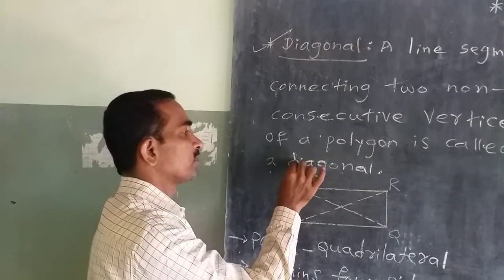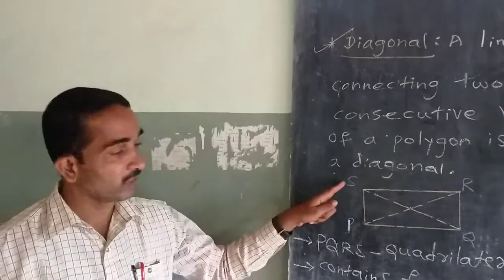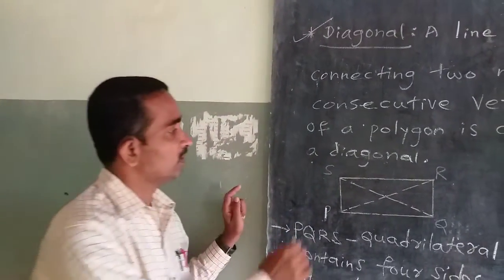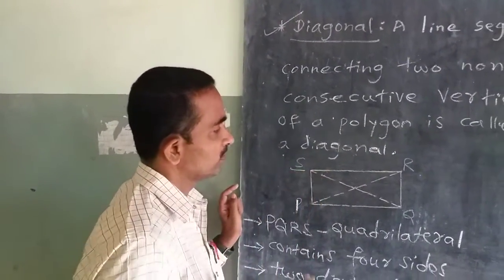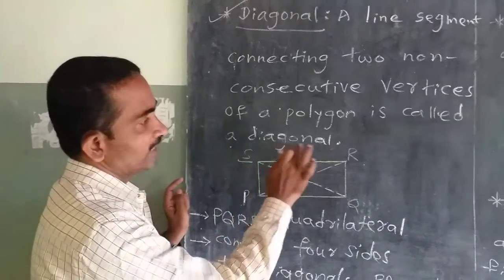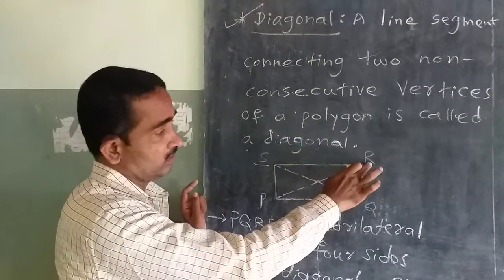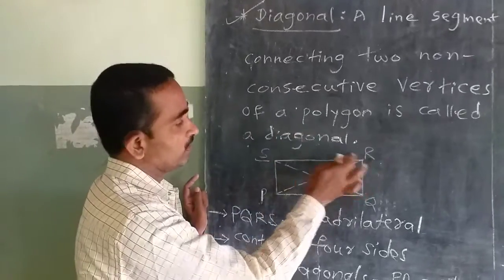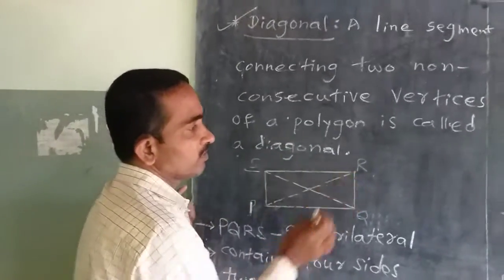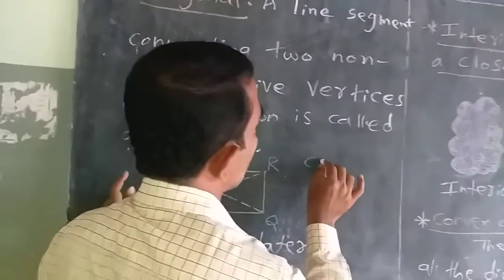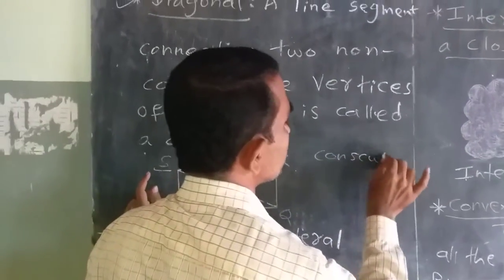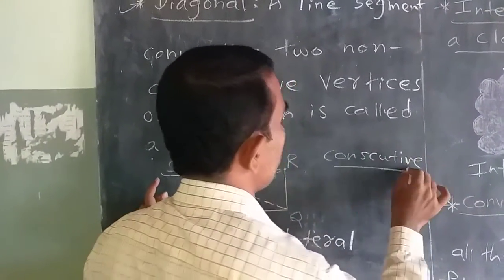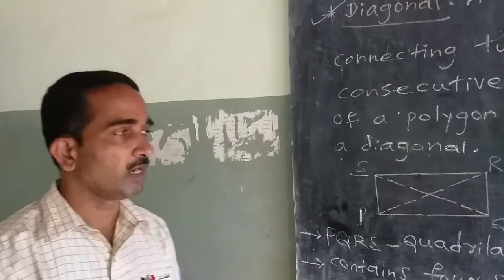It means, suppose you take S as the point. If you connect to R, one by one, it becomes consecutive, means one after the other.